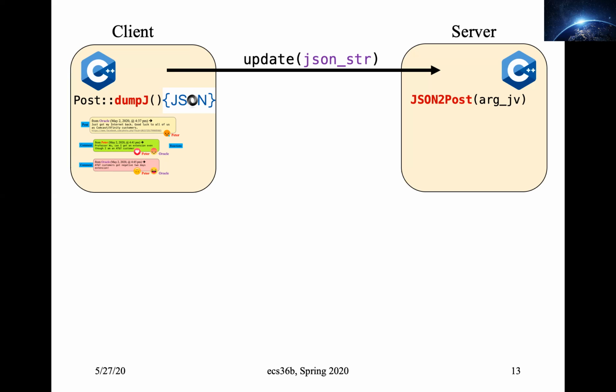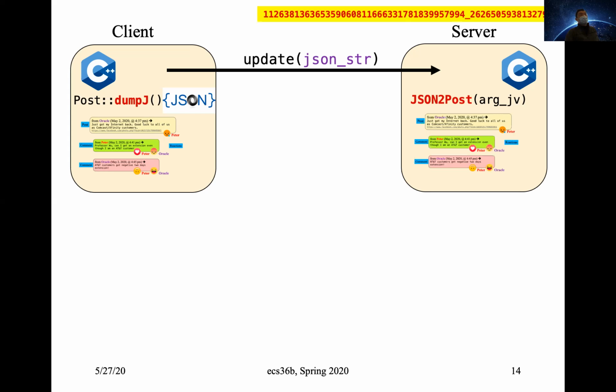Then with JSONRPC, you send that post string over. On the server side, you do JDump, and after that you can save it in the map. That's why earlier we talked about the map. The map is for you to convert that to the C++ object, and then you can save it.